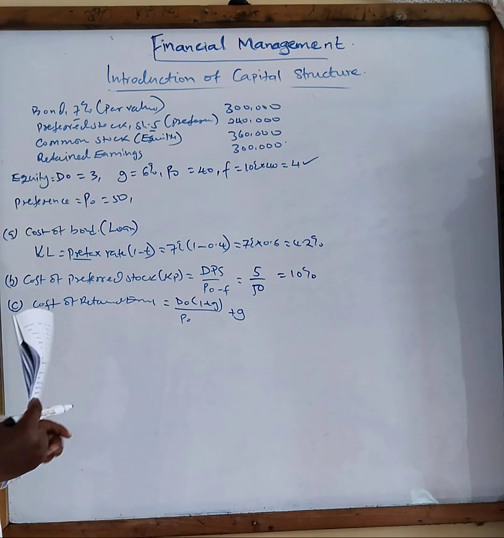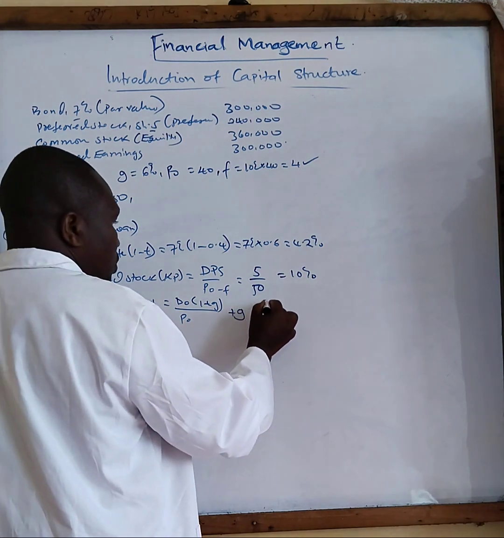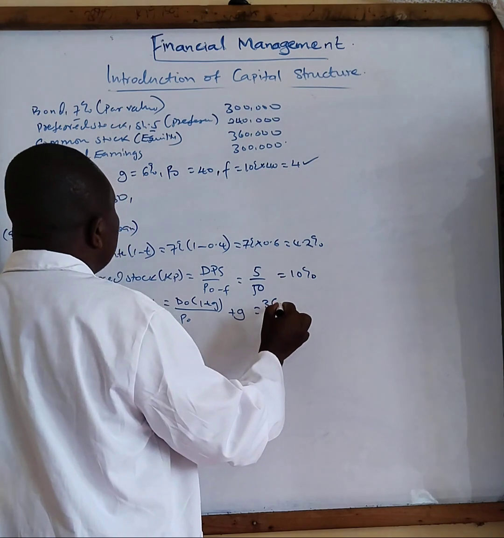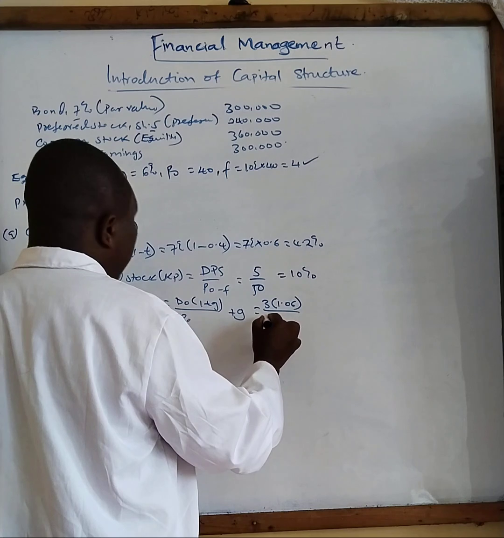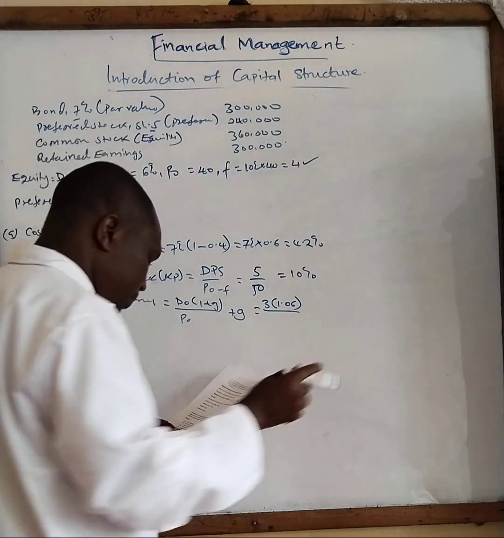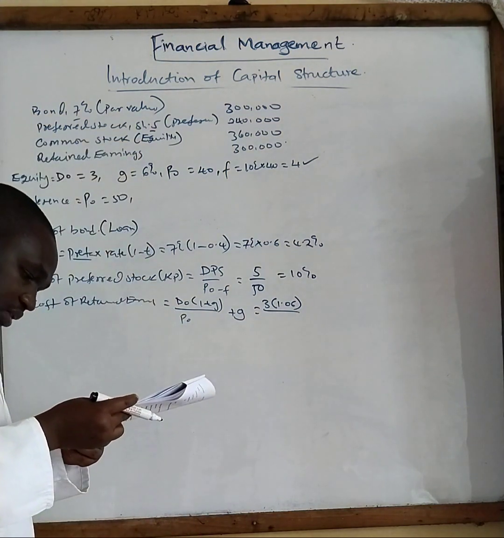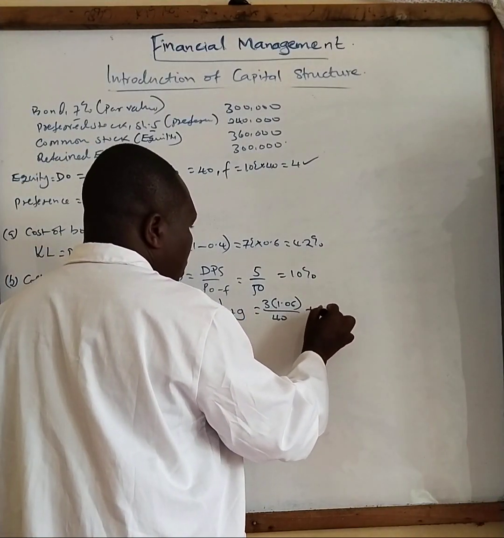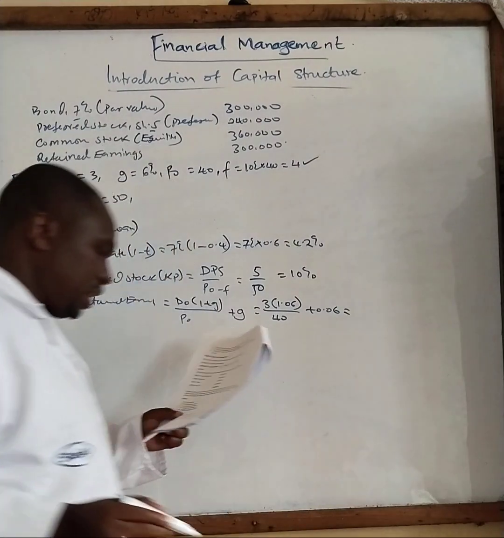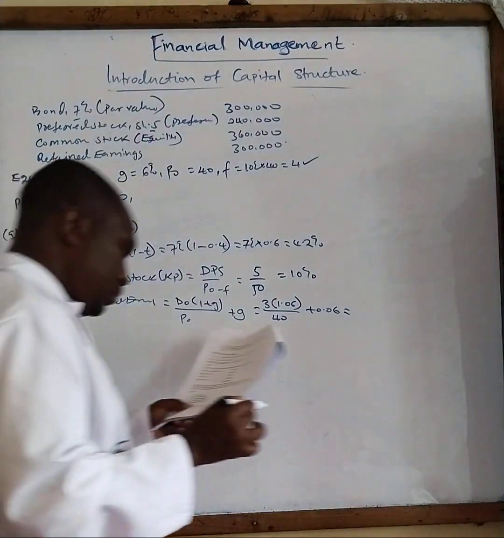Yes. D0, 3. So 3 with the growth is 1.06. Divide by market value of that particular cost of retained earnings, 40, plus 0.06. If you work out that carefully, you'll get 14%.